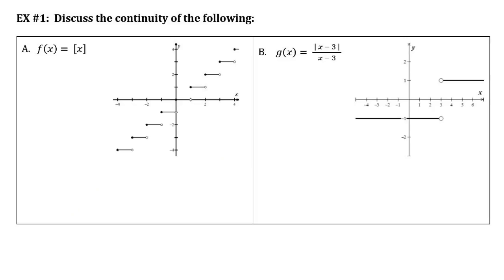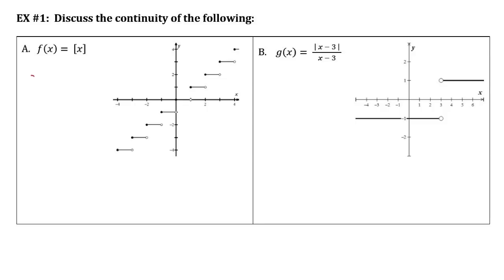Over here, they want us to classify the type of discontinuity, and they've given us the graph to go with the particular function. And so this first function, A, is called a step function, and that's not something you see a tremendous amount of, but let's go ahead, just in case it pops up.